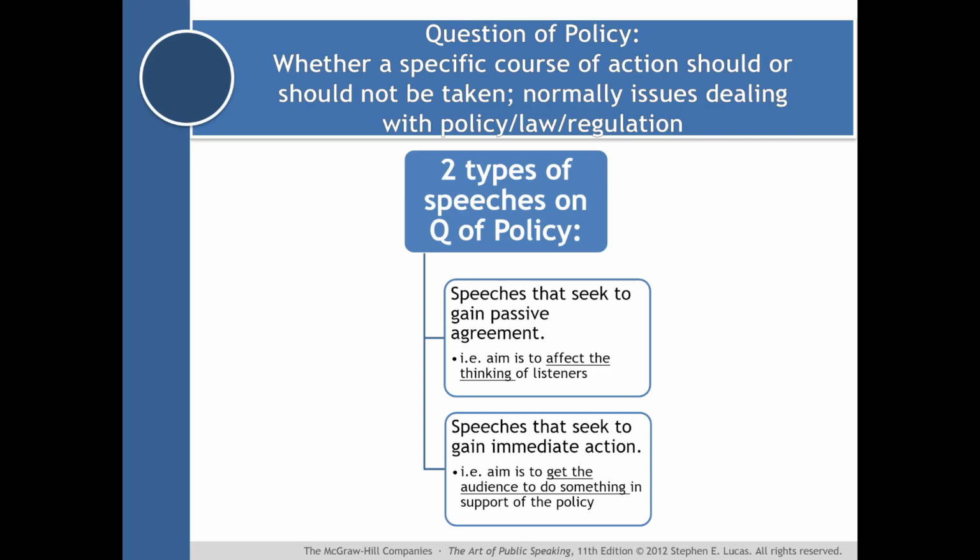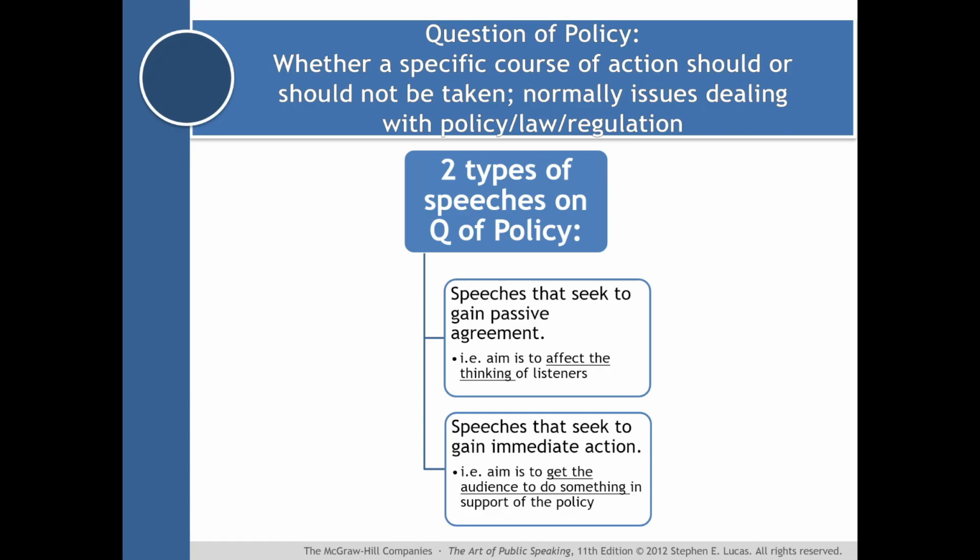The second are speeches that seek to gain immediate action, which means that you want them to do something after they listen to you. For example, the gun laws. You are trying to advocate that gun laws should be enforced more, maybe not in our country, maybe in another country.